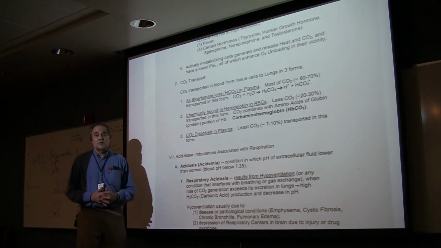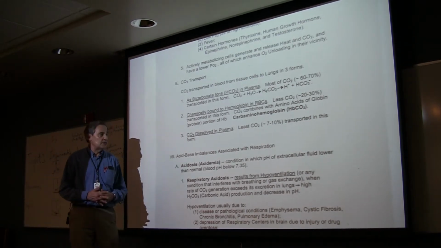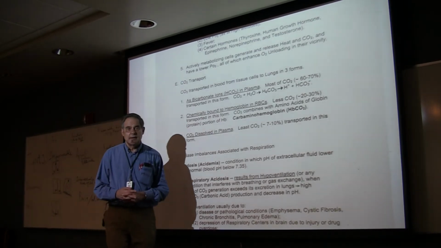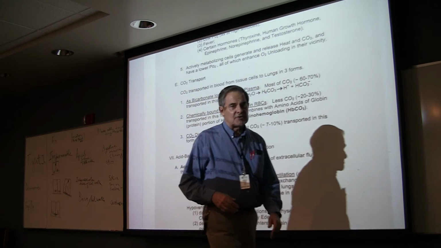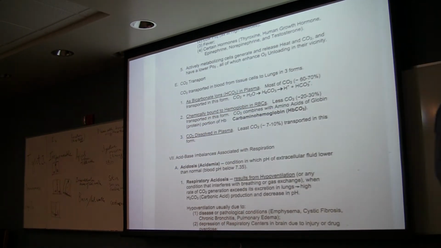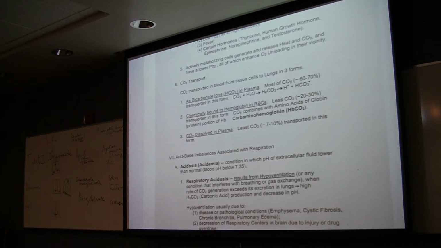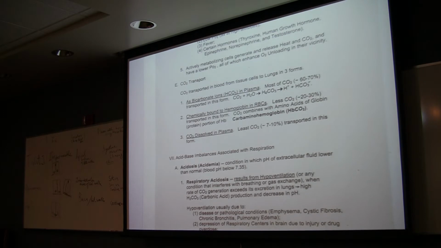Okay, let's take a brief look now at acid-base imbalances. And we'll revisit this again later in the semester when we talk about acid-base balance, fluid and electrolyte balance as well. Okay, first off, a condition known as acidosis or acidemia.